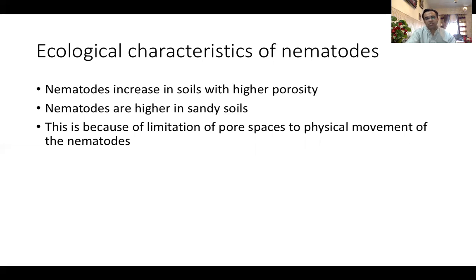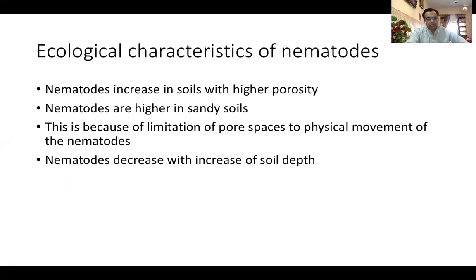They cannot change their shapes according to the pore spaces, so they need space to move. It's unlike the protozoans, which can modify their shapes and move, but for nematodes, they need the space according to their body. And another important fact that has been observed is that nematodes decrease with increase in soil depth.